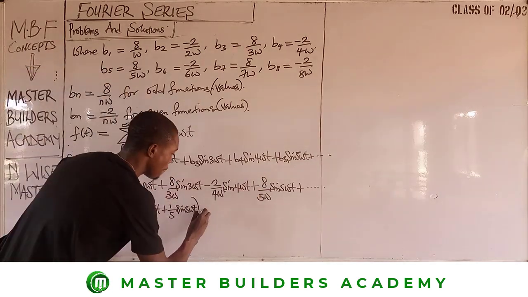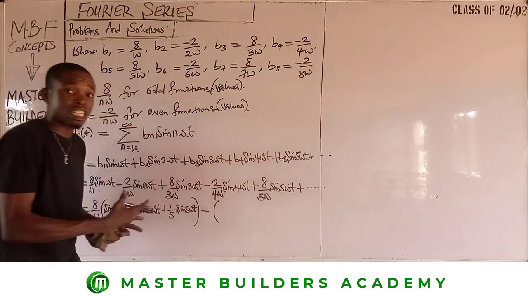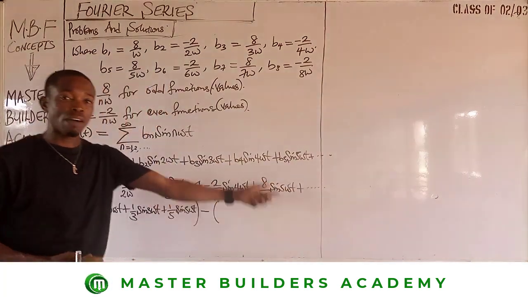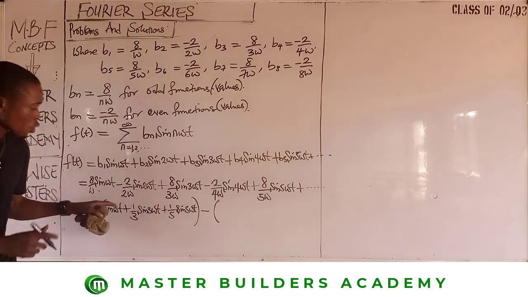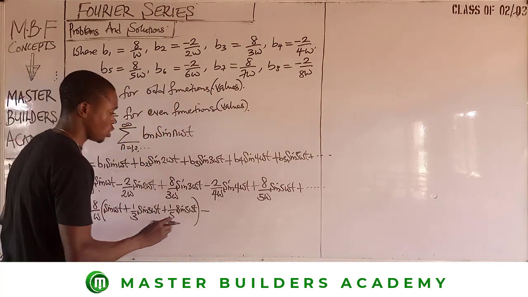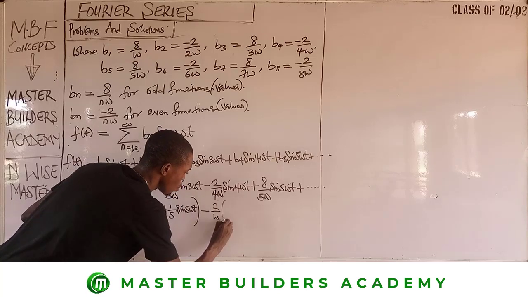Then I now have minus, open bracket. Since I put in minus here, the values inside this bracket will have to appear as positive, so that if I open the bracket, they give me back negative. So what is common between the even terms now is 2 over omega. So put down 2 over omega, open bracket.